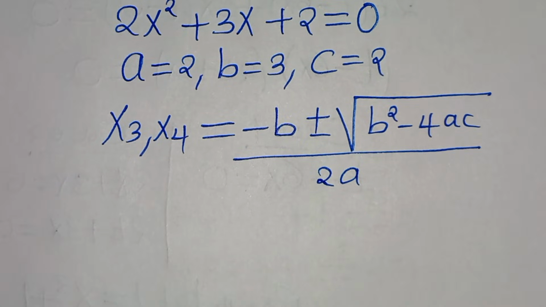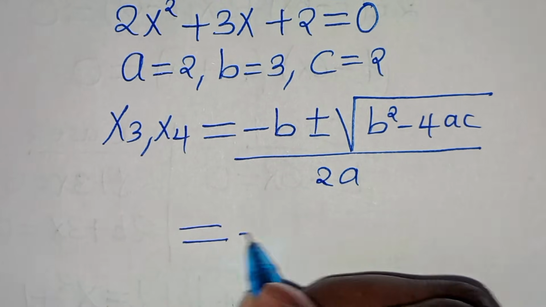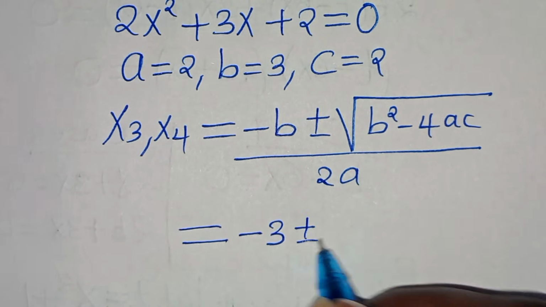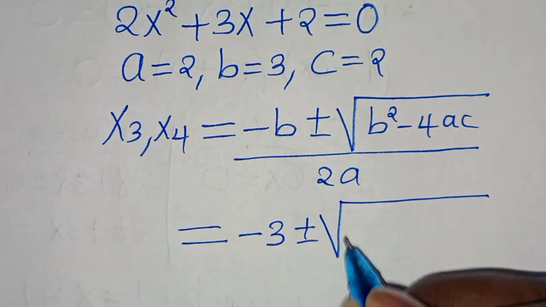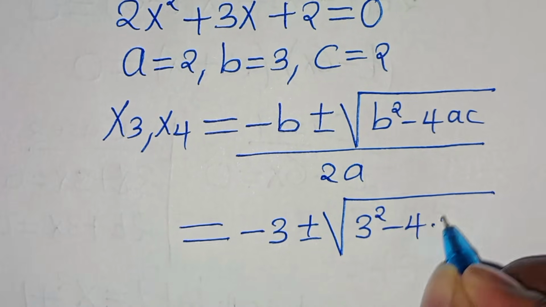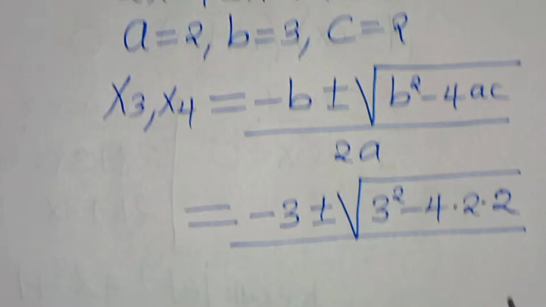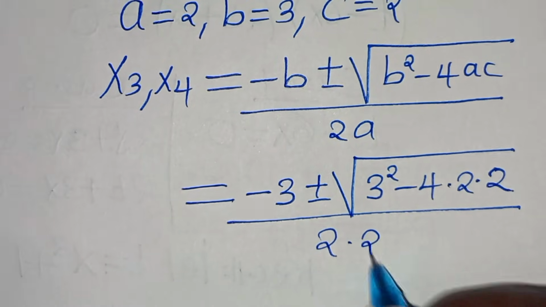Now let's substitute the values of a, b, and c in this formula, so that we have minus 3 plus or minus the square root of 3 to the power of 2 minus 4 times a, which is 2, then times c, which is 2, everything here divided by 2 times 2.